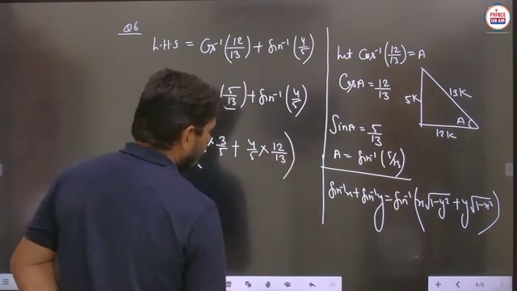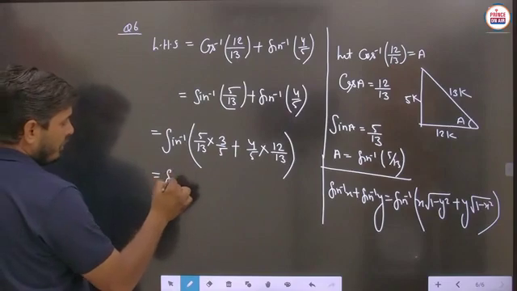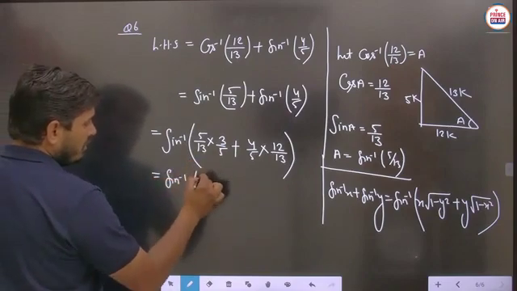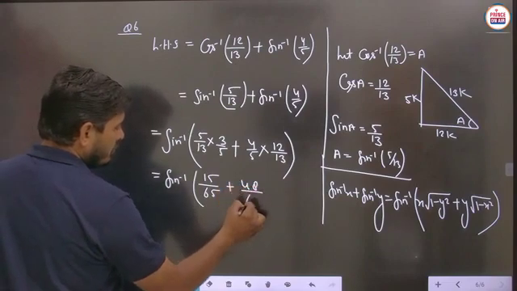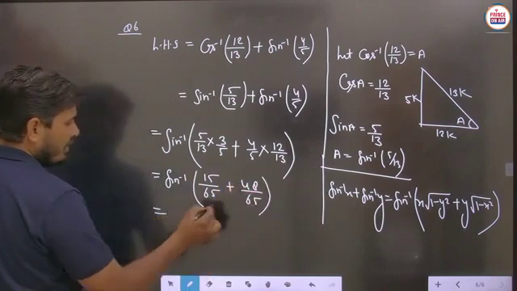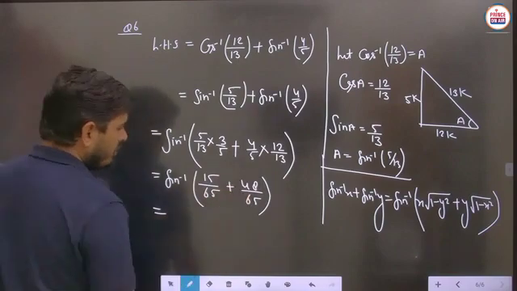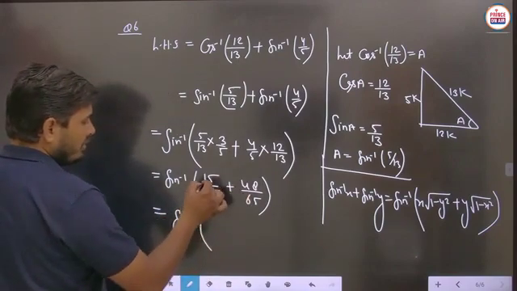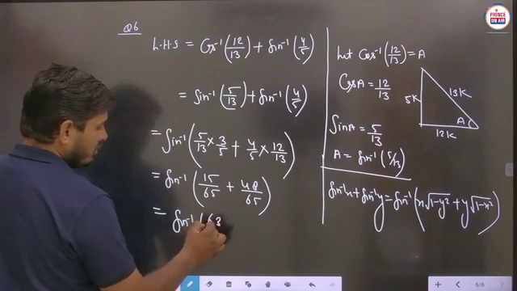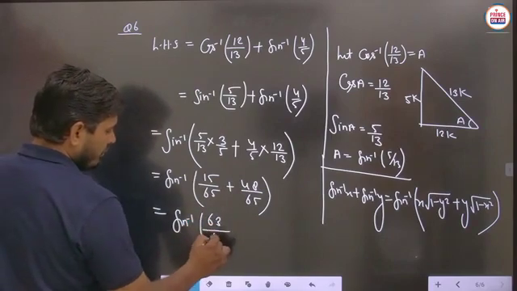Is it to be clear? Next, if we simplify this part, then this is 15 upon 65 and this is 48 upon 65. After taking the LCM, the denominators will be same, so directly you can add this part. So this part will be written as sin inverse 63 divided by 65, and this is your right hand side.